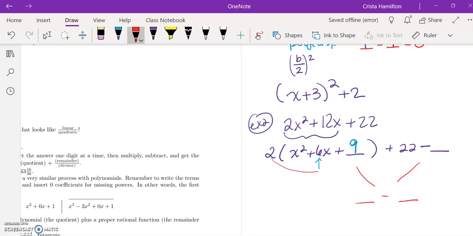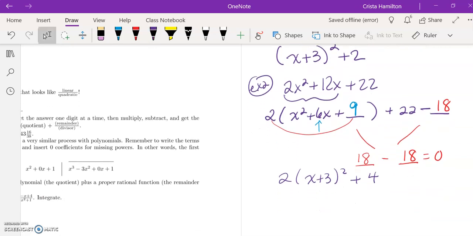So what I actually added was 2 times 9, or 18 right there, because of the parentheses. So what I have to subtract is 18 so that it's equal to 0. And so that fills that out, and then we can factor it to 2 times x plus 3 squared, and then plus 4, and that would be the completing the square if there's a coefficient there.